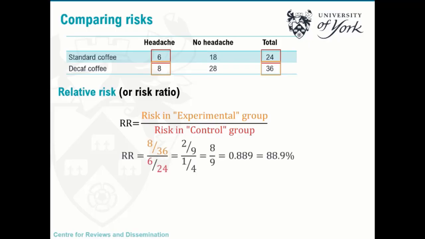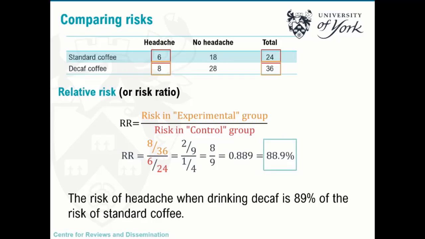Therefore, the relative risk is 8 over 36, which is the risk in the experimental group, divided by 6 over 24, which is the risk in the control group. This simplifies to be 8 over 9, or we can approximate it to be 89%. In words, we can say that the risk of a headache when drinking decaf is 89% of the risk of drinking standard coffee.